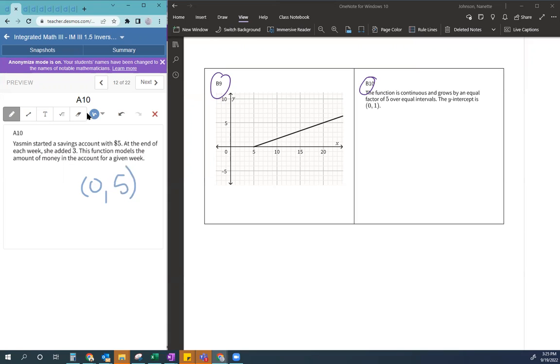So when I swap those two in inverse land, I should get 5, 0, which is exactly what I got here, this point, right? And then I looked at slopes because this slope was going to be adding 3 every week. So that's up 3, right 1. So we'd have to go up 1, right 3, up 1, right 3, because you flip those, right? All right.